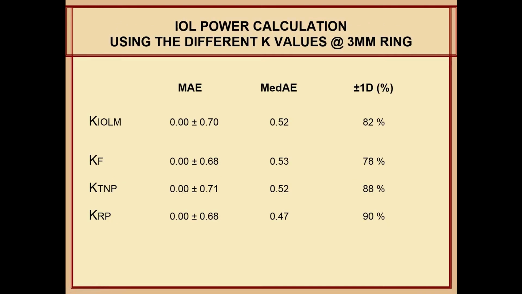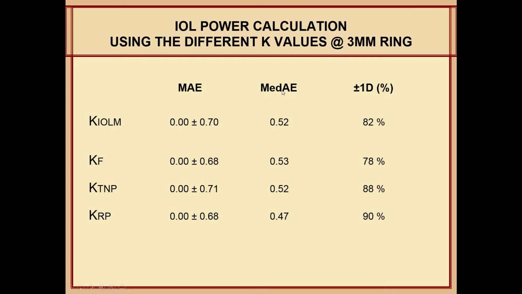Now, if we plug all these K readings into the formula using the Haigis formula, the way to do it is you average the mean arithmetic error to 0 in all of them by adjusting the constants, and then you look at the standard deviation. The standard deviation did not change by much.